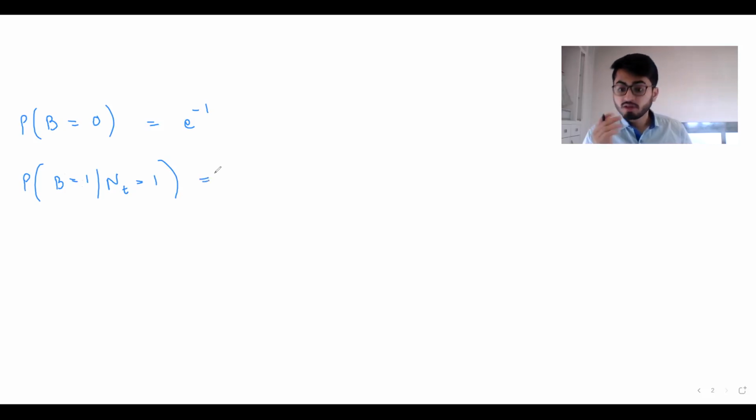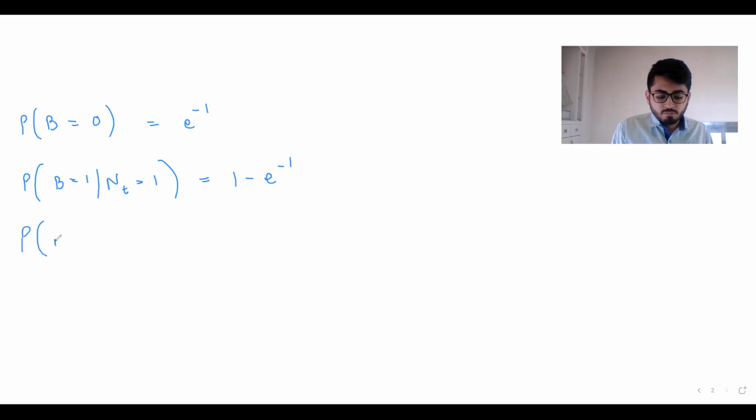So now if there is only one customer waiting in the queue just before the end of the day, then maximum only one customer could go. So the probability of 0 customers leaving is e to the power minus 1. Therefore, the probability of one customer leaving will become 1 minus e to the power minus 1.